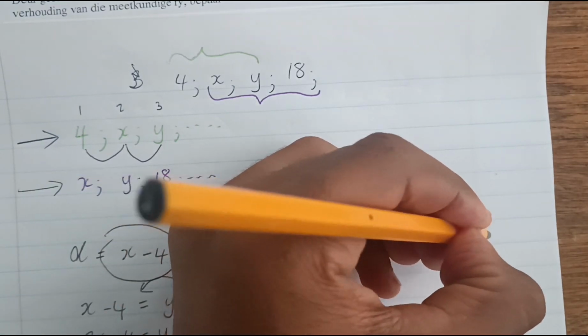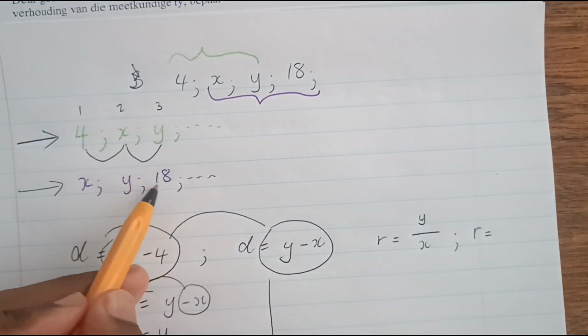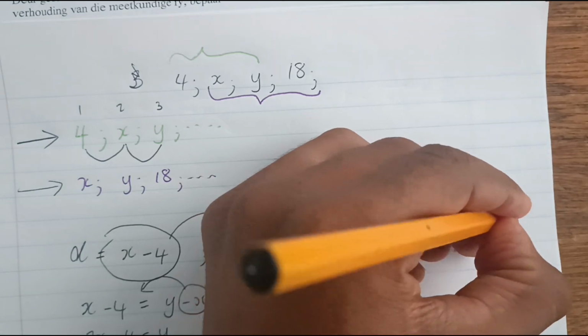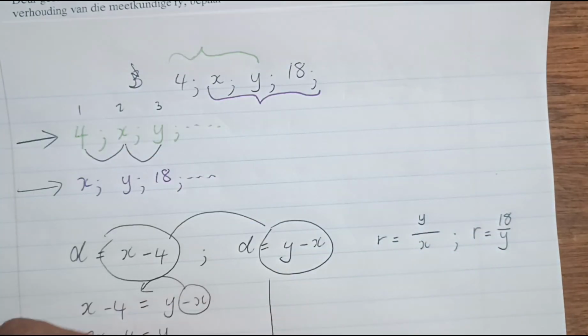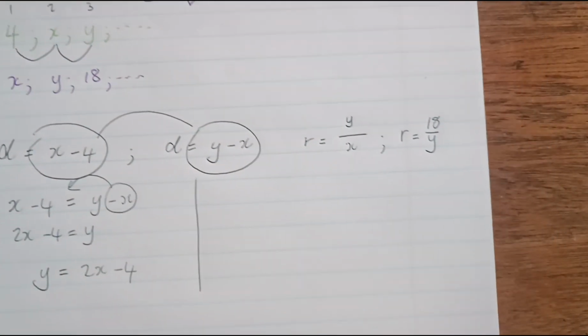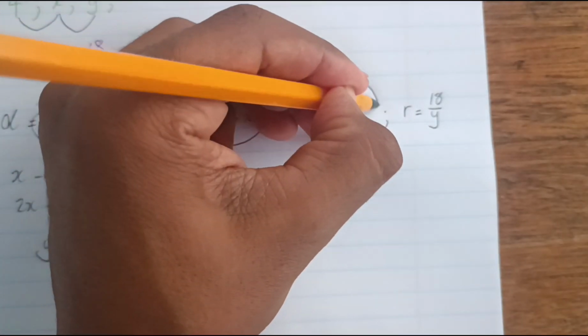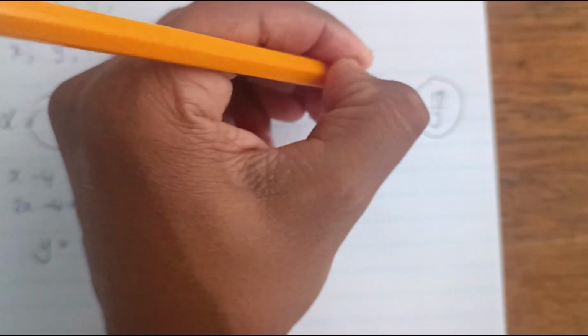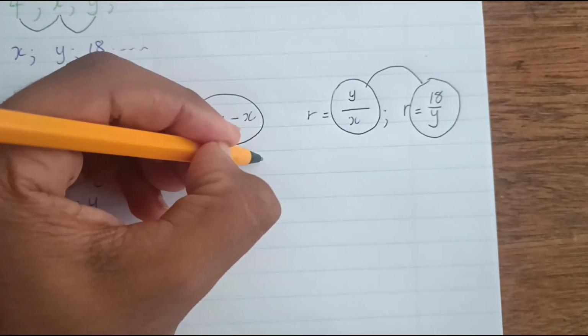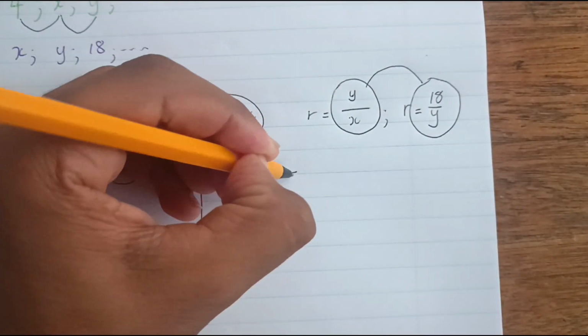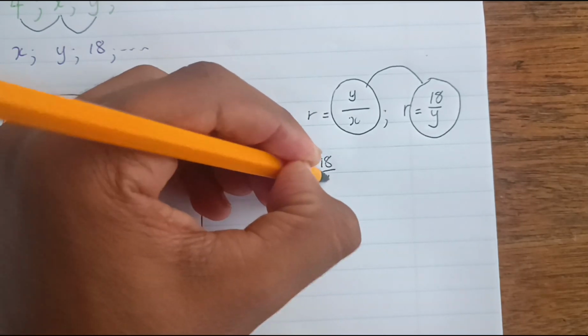And then again, r is going to equal the third divided by the second. So that's 18 over y. And because this is geometric, we know that the r's have to equal each other, so these must be equal. So we'll have a new equation: y over x is equal to 18 over y.